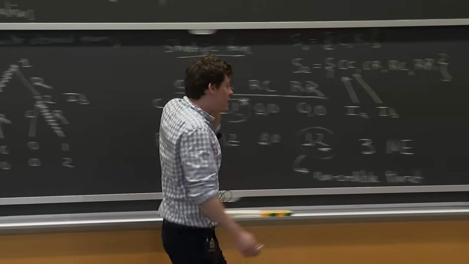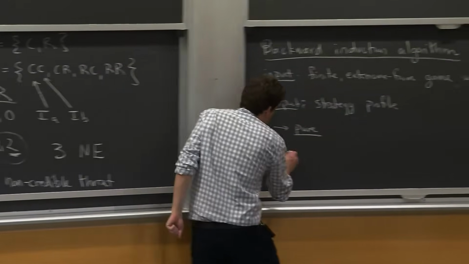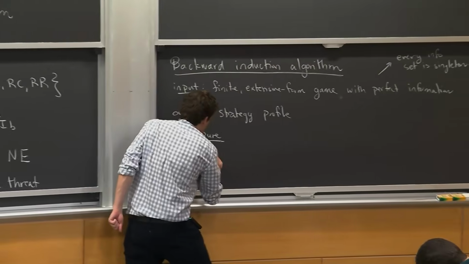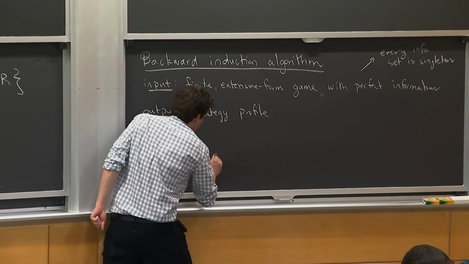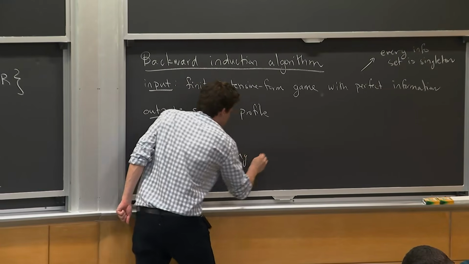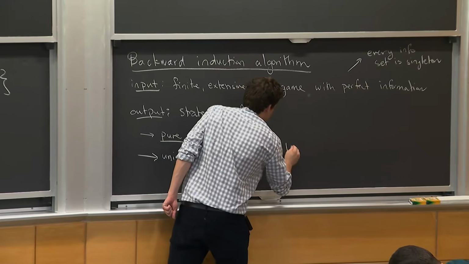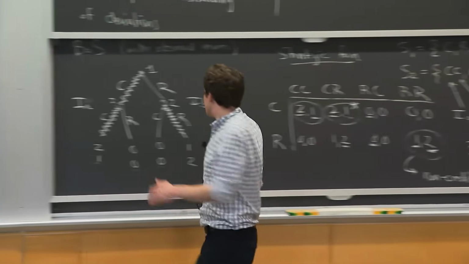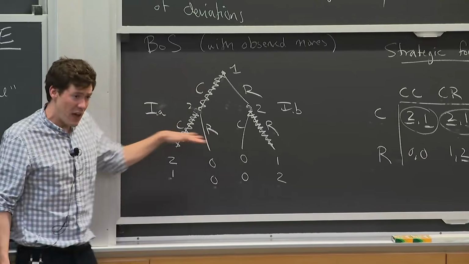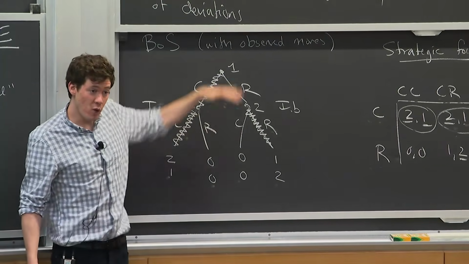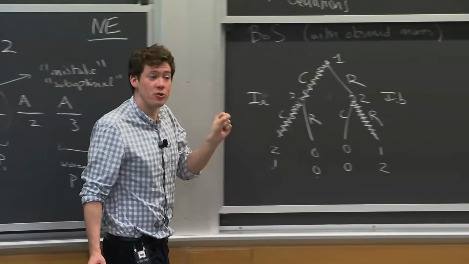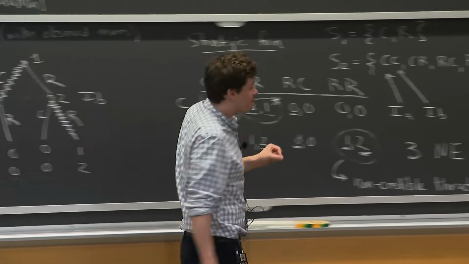And that indicates another property of this, that in fact, the output is going to be unique as long as there are no ties. So as long as we never get to a point where there's a tie, we never have any flexibility in what we do. So when we work backwards, we're always going to have a unique edge to choose. There's never going to be multiple choices.